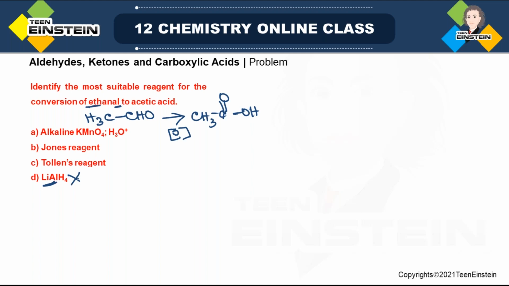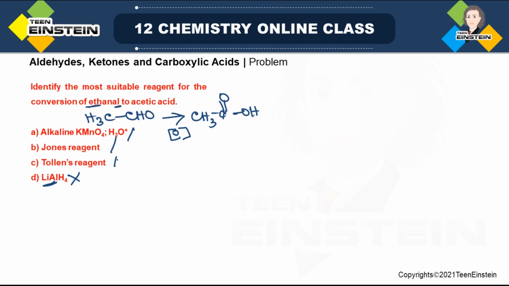When I say most suitable condition, it means if the condition is very mild in nature, as mild as possible, that method will be best. Among these three oxidizing conditions, the mildest is Tollens reagent.